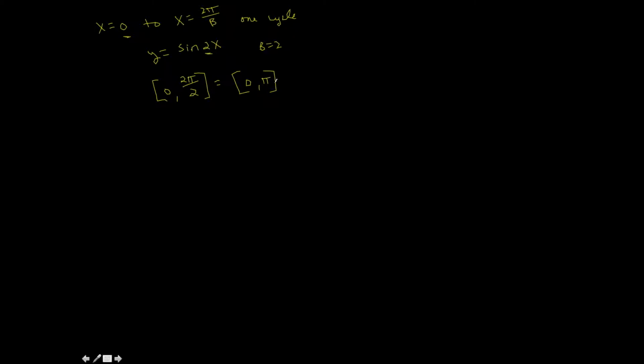So what this means is that our cycle for a function of y equals sine 2x shrinks from 0 to 2 pi to 0 to pi. So this is shrinking our cycle, shrinking the size of one interval of our graph. It's shrinking the size of our period.